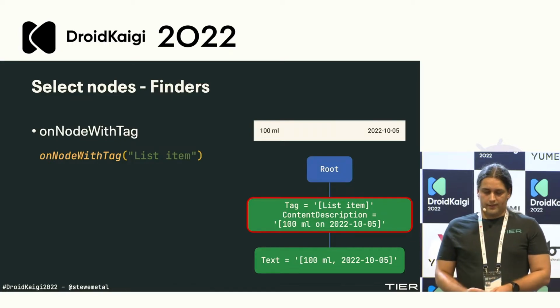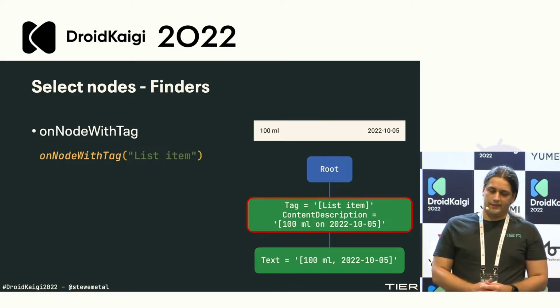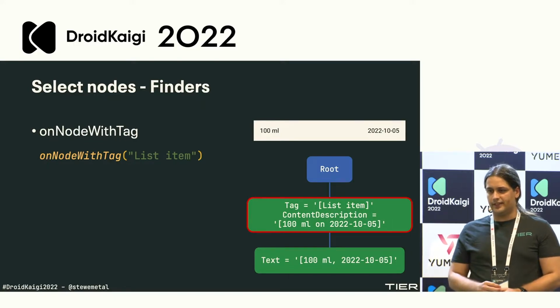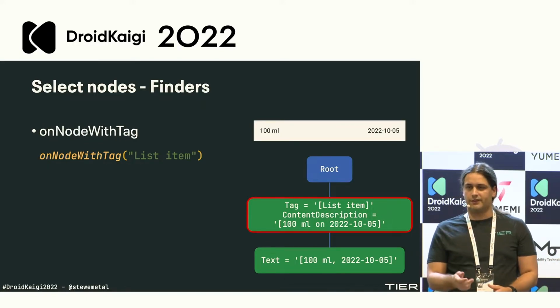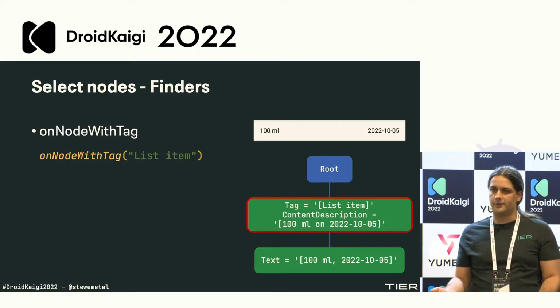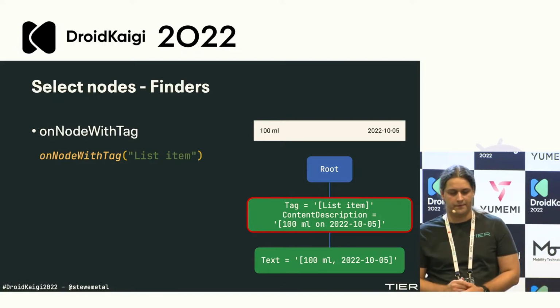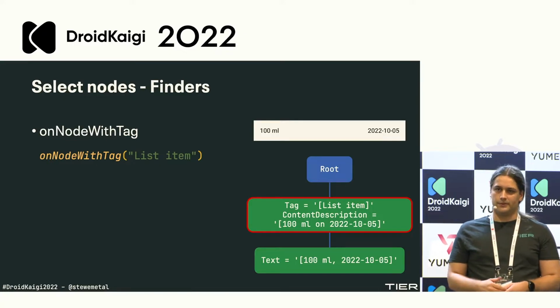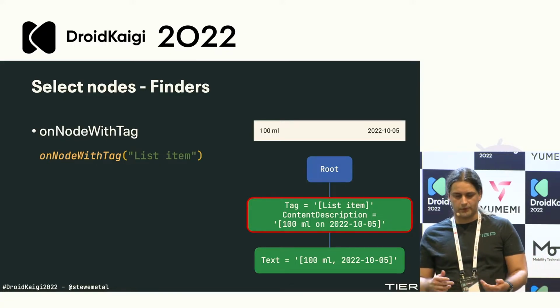There is the onNodeWith family of functions that can select exactly one node. So if they don't find a node with the given properties, then an error will be thrown. The onNodeWith functions can select based on multiple properties.